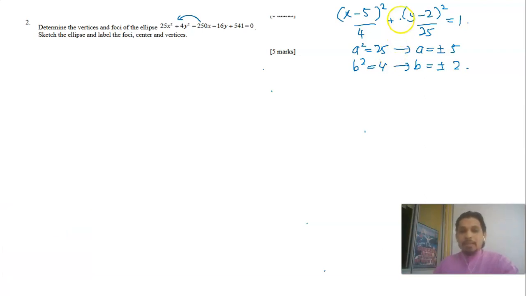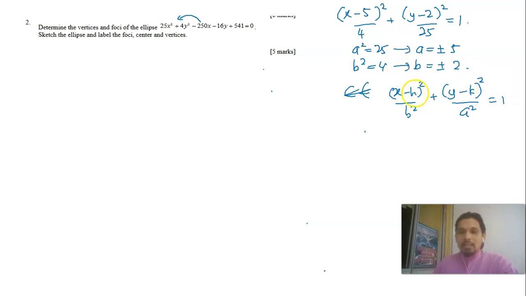Okay, so now the center of this ellipse, (x minus h) squared divided by b squared, since the b is 4 here, plus (y minus k) squared divided by a squared equal to 1.